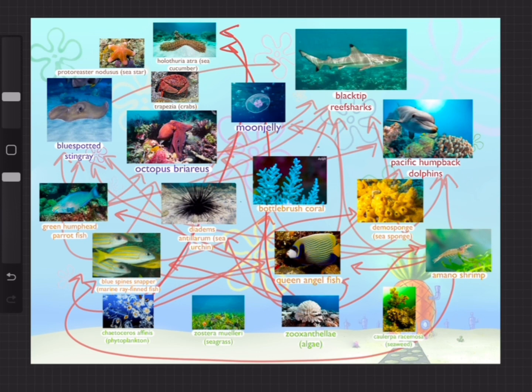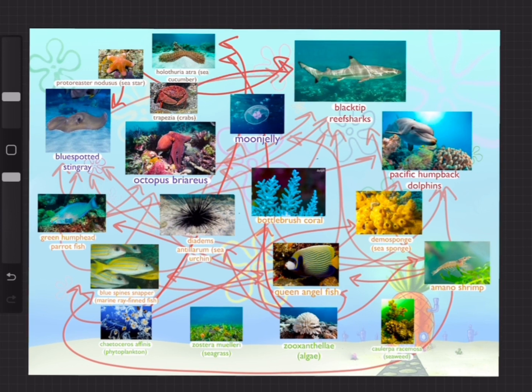And sea stars are also considered decomposers. And our sharks and stingray eat our sea stars, so we can also add lines for the sea star. And then for our detritivores, I included a crab. And our crabs are going to be eaten by our tertiary consumers such as our shark and our stingray.